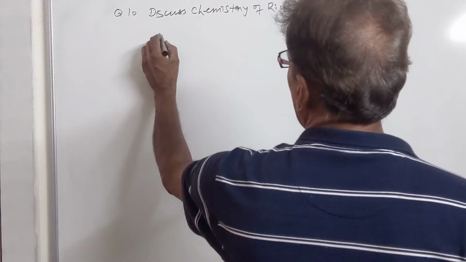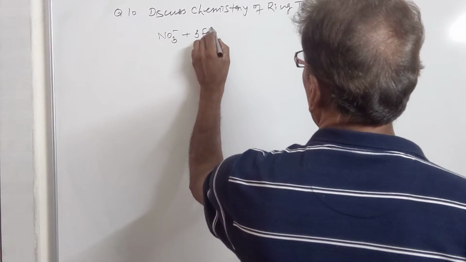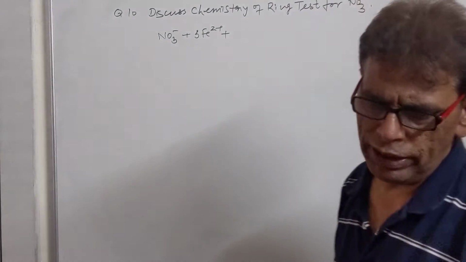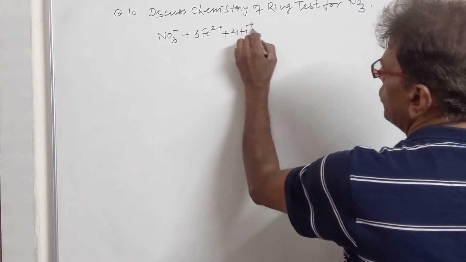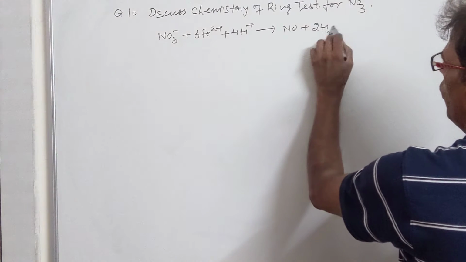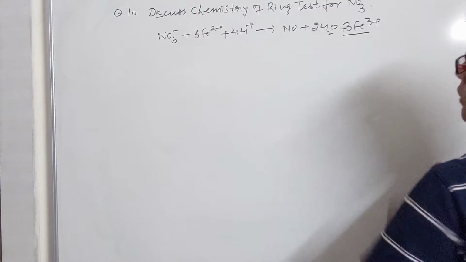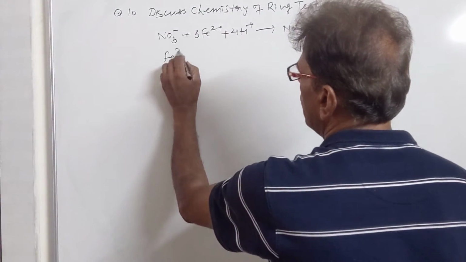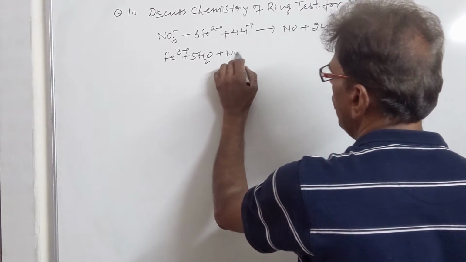Let us see. NO3 negative ion combined with 3Fe2 positive ion, which the ferrous sulfate supplied, and sulfuric acid will supply H positive ion. They will change into NO plus 2H2O plus 3Fe3 positive ion. These ferric ions that are formed will now accept 5 water along with nitric oxide.